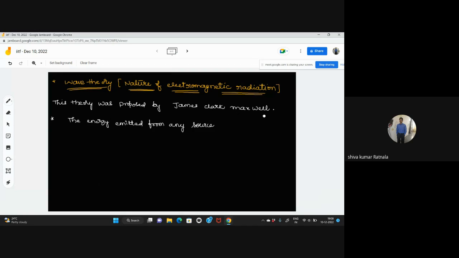For example, he is talking about a heated rod or filament from the bulb.